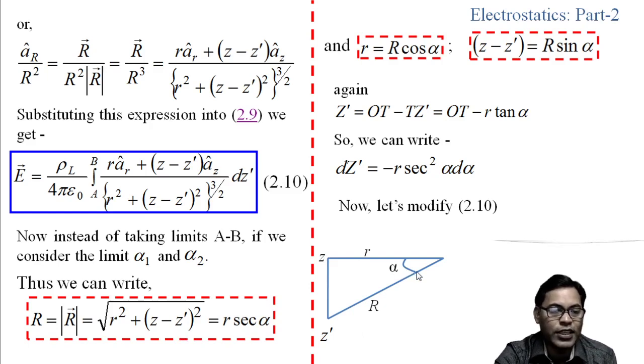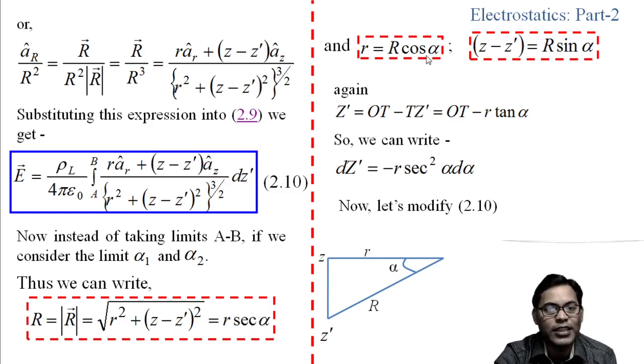If we consider r by capital R, it will be cos alpha. From that we get capital R equals r sec alpha. Similarly, small r by capital R equals cos alpha, so small r equals capital R cos alpha.